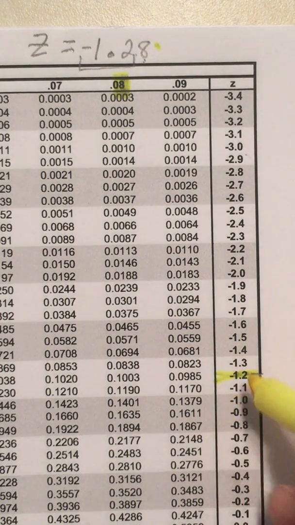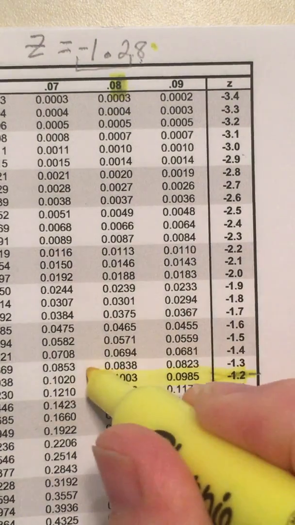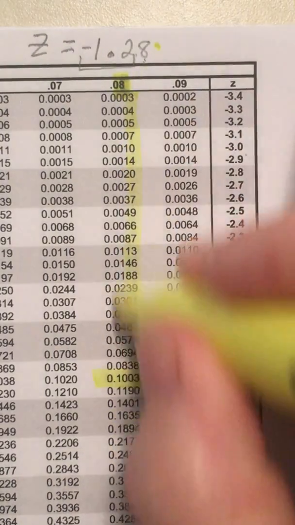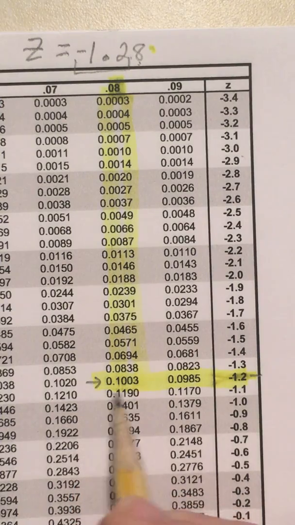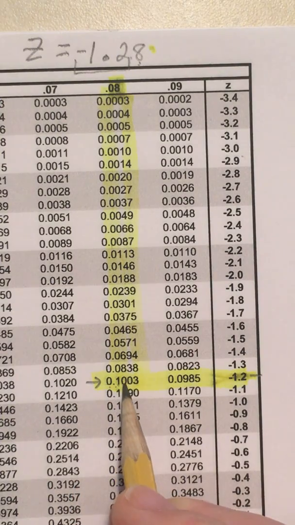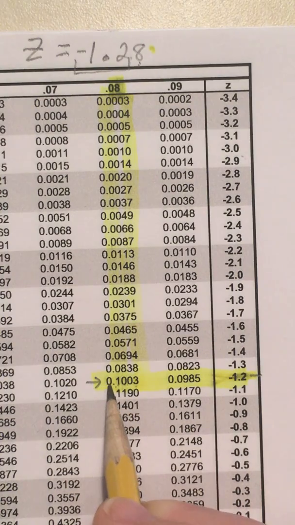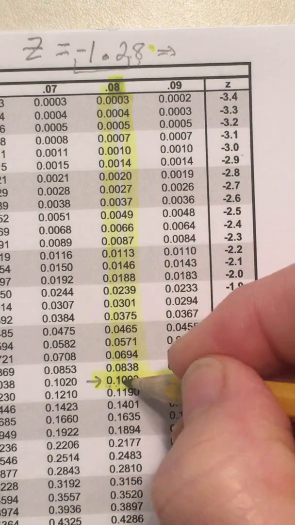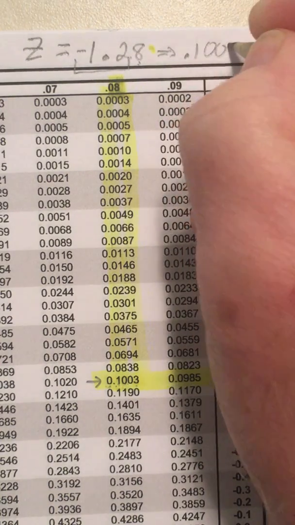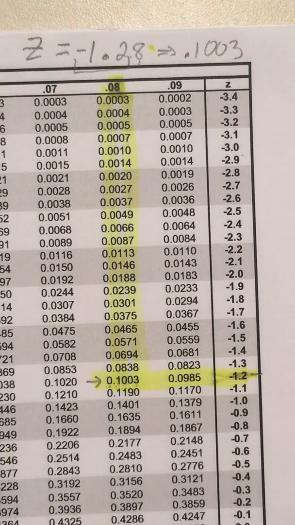Wherever those intersect, that is the table value that we want. In this case, that would correspond to 0.1003. You don't need to write the 0 in front of the decimal point. In fact, typically I will not. So we may simply say that the table value is .1003, and that's true for any value in the table.